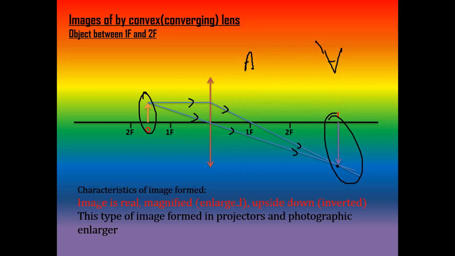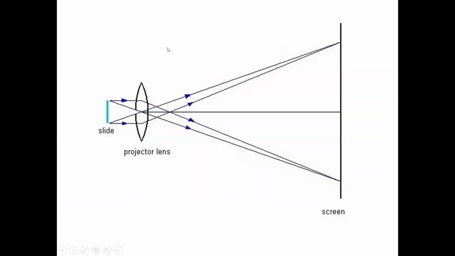So this is a real and enlarged, or magnified, image, and it is used in projectors or photographic enlargers. This is a projector lens. The slide is small in size. When the light rays pass through, first the parallel light ray will pass through the focus, and one through the center will pass straight.